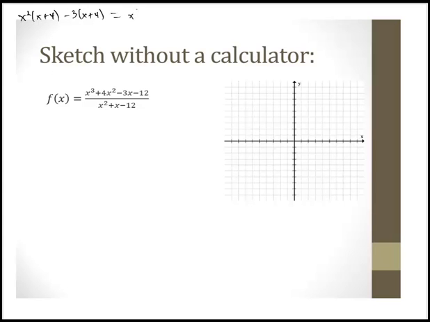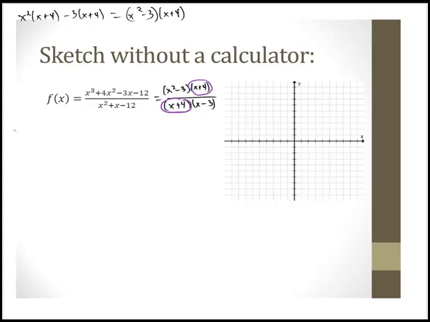So that's x squared minus 3 times x plus 4. In the denominator, x squared plus x minus 12 factors as x plus 4 times x minus 3. So notice that we have a common factor of x plus 4.